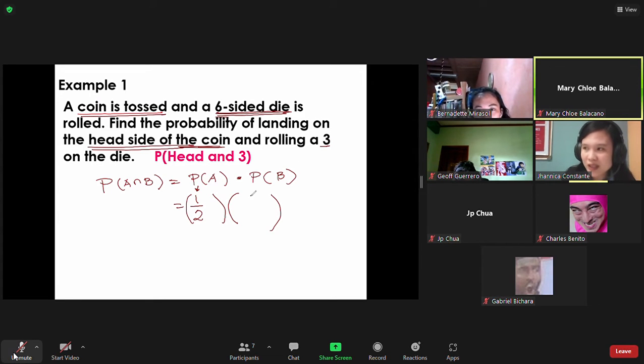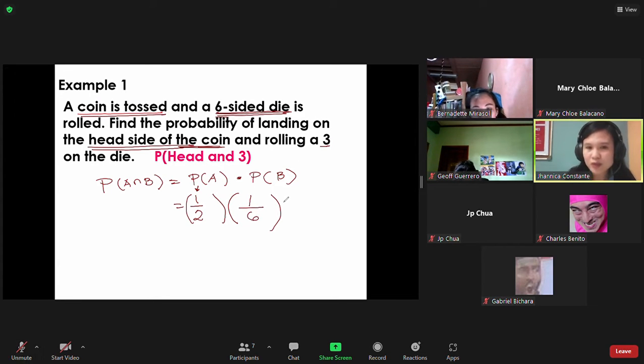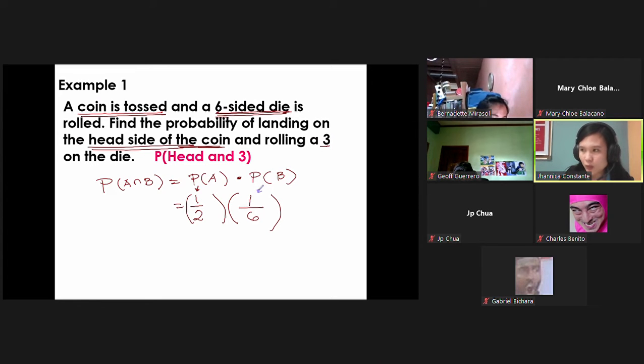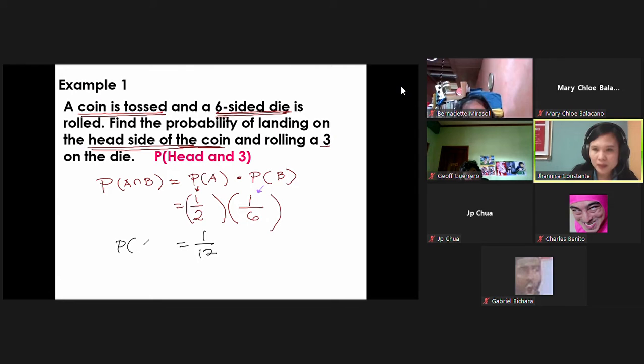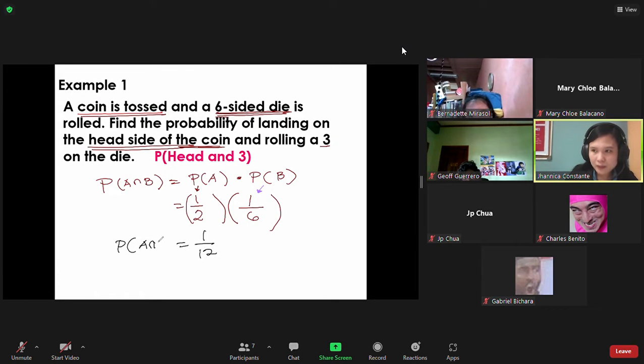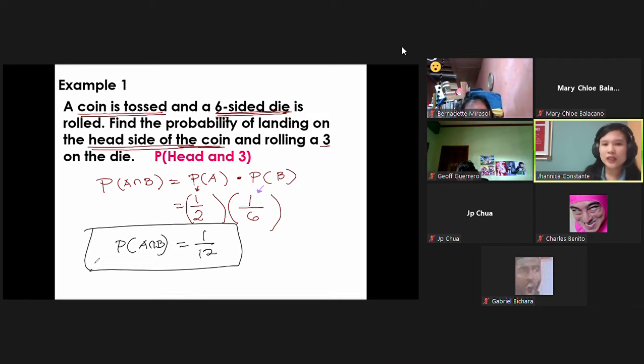One over 6. So we have 1/6 for our second event. So 1/2 times 1/6, the probability that we will get is equal to 1/12. That is the probability of our independent event, which is rolling a die and tossing a coin.